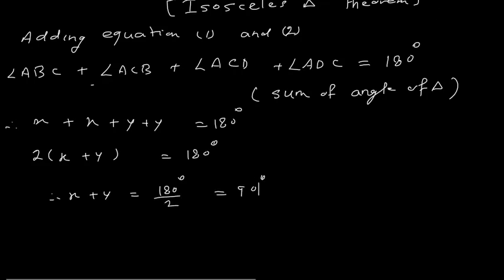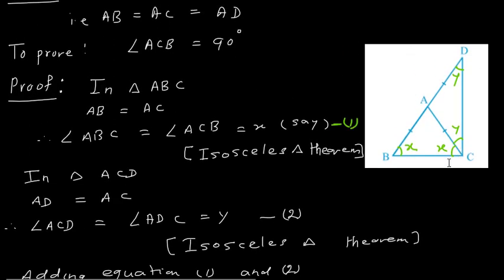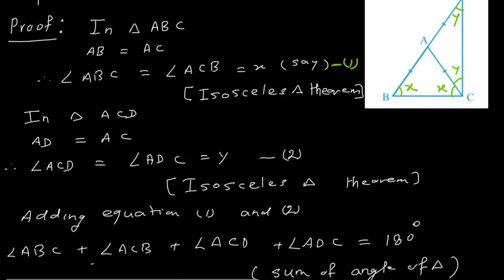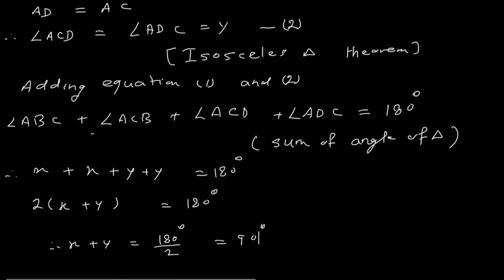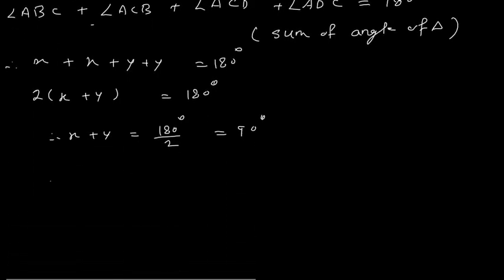Now x plus y, if you see here, it is angle BCA plus ACD. So this x plus y is angle BCD, in short we can say that. Therefore angle BCD is 90 degree.